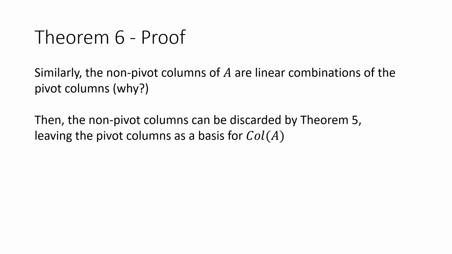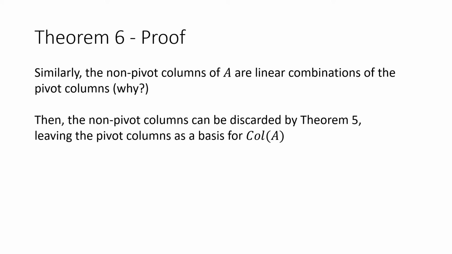Similarly, it means that the non-pivot columns of A are linear combinations of the pivot columns. Again, if you don't see this immediately, think about why this is. Think about taking your pivot columns from A, forming a matrix with that, and adding one more column, which is one of your non-pivot columns. Row reduce it, and what does that mean?